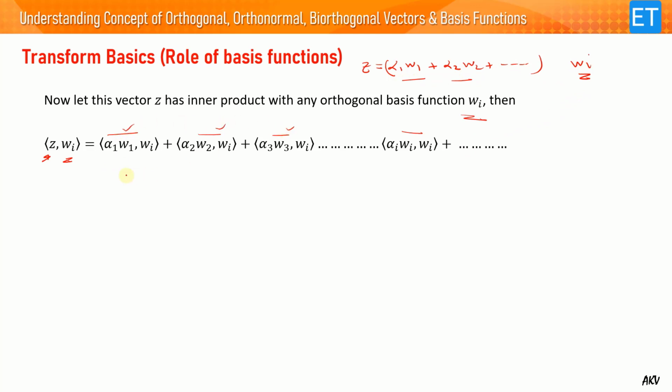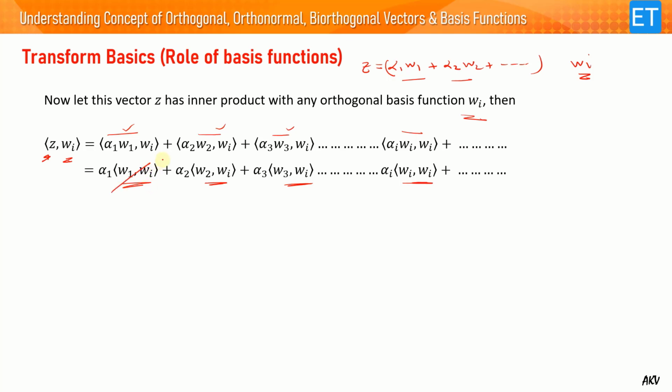Okay, so alphas are coefficients, so you can take out alpha. So now you have the inner product of these orthogonal vectors, right? As we know that W1 is orthogonal with Wi, its inner product will be 0. W2 is obviously orthogonal with Wi, so its inner product is 0. So all inner products will be 0 except this.